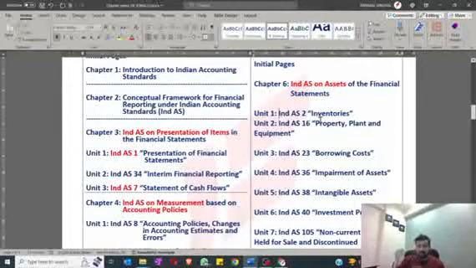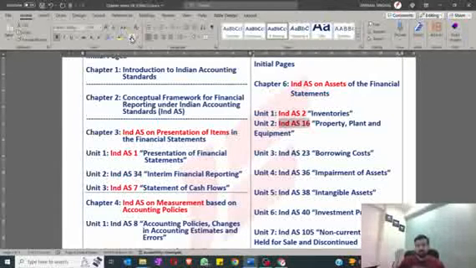First is Ind-AS 2, which is on inventories. What are inventories? For a trader, inventories are finished goods. For a manufacturer, inventories are categorized as 1. Raw material, 2. Work in progress, that is semi-finished goods, and 3. Finished goods.